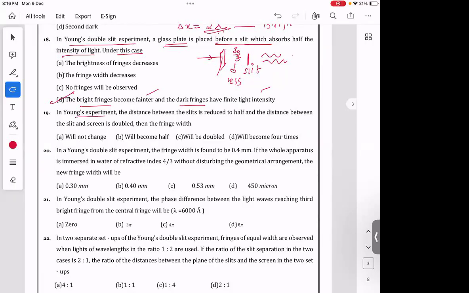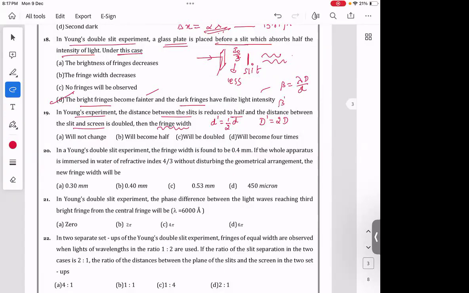In Young's experiment, the distance between the slits is reduced to half, and the distance between the slit and the screen is doubled. That is, capital D dash will be 2D. So what happens to the fringe width? The formula for the fringe width I have given is lambda capital D by small d.